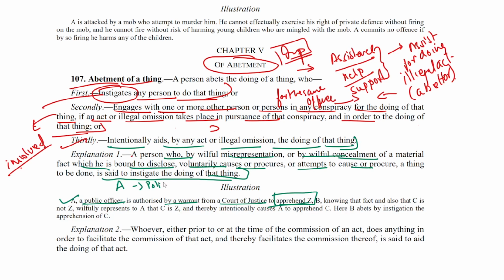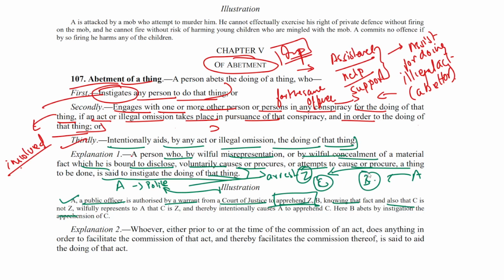He was given order by the court to arrest Z. B, knowing that fact and also that C is not Z. So there is one person B to whom A asks, is this Z? This one person C. So A asks B whether this person is Z or not.